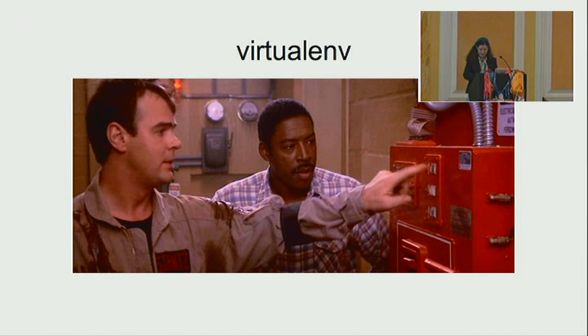OK, so I think we're ready to move on to talking about virtualenv now. So virtualenv has a great kind of combination power with pip. So we talked about not wanting to install these third-party modules in the main system Python site packages directory.